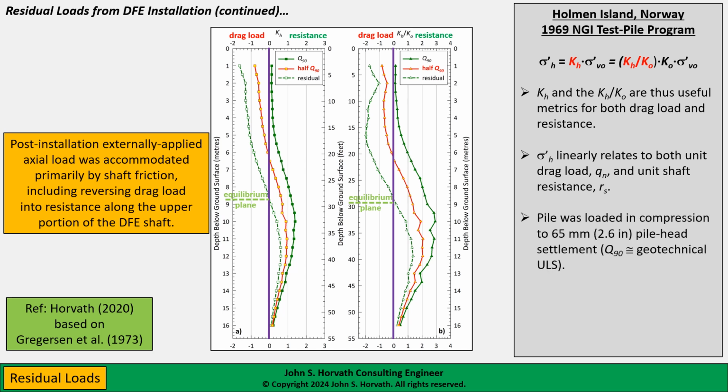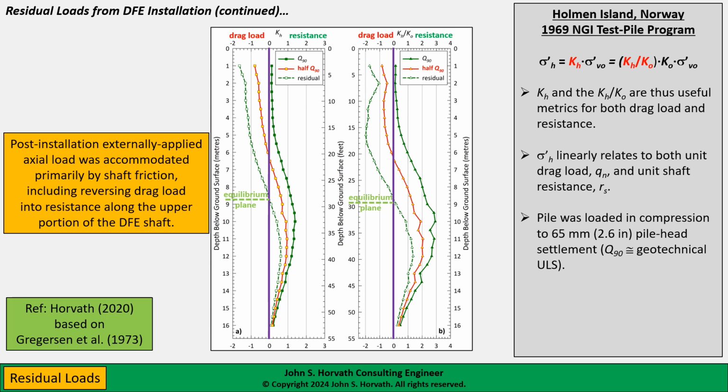Now the pile was loaded in compression rather significantly to about 65 millimeters pile head settlement, so a little bit more than 2.5 inches. And this corresponded roughly to a value that NGI called Q90.